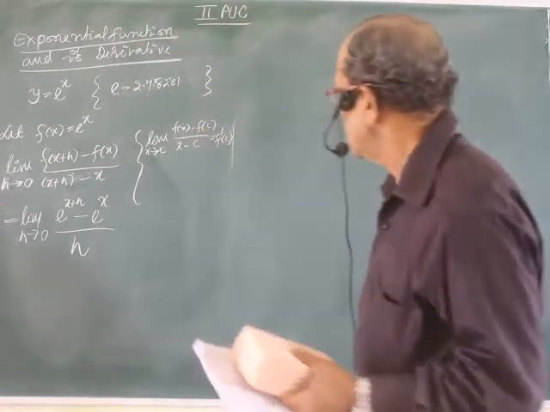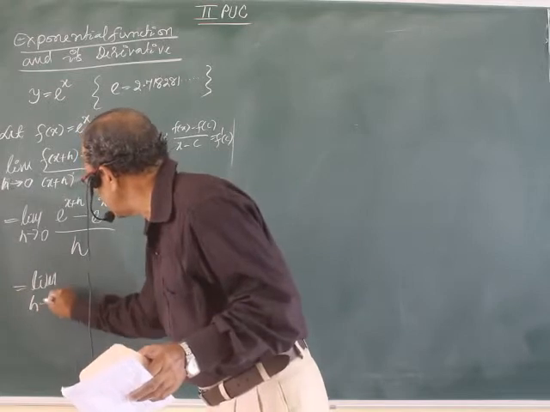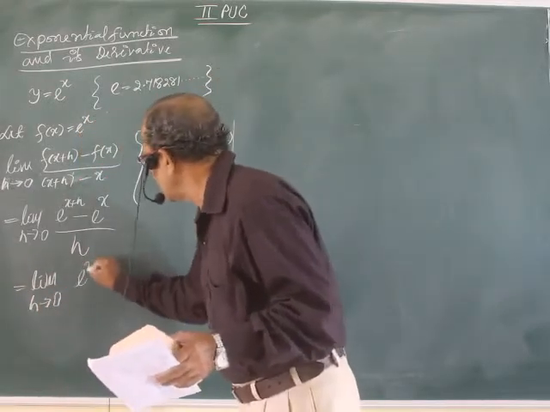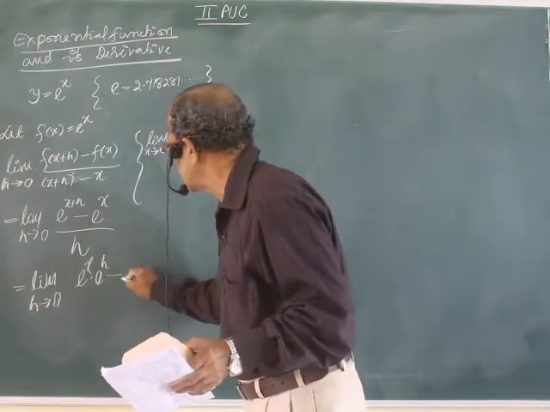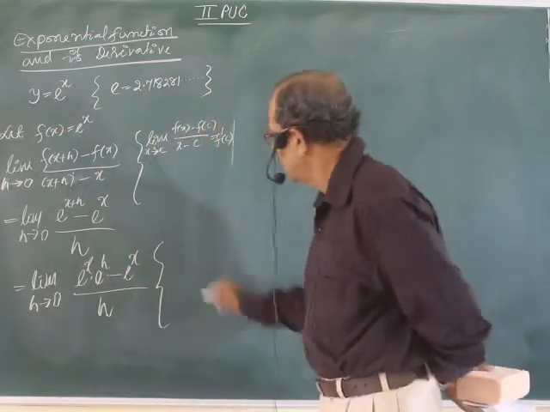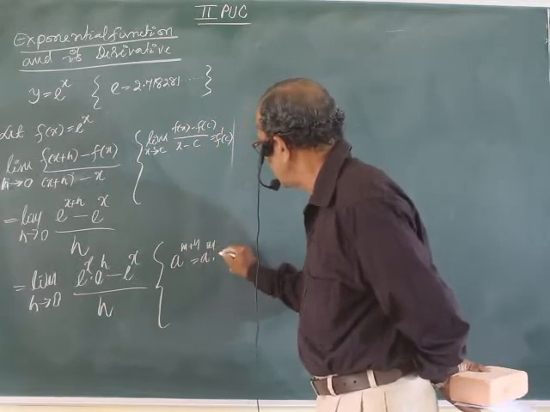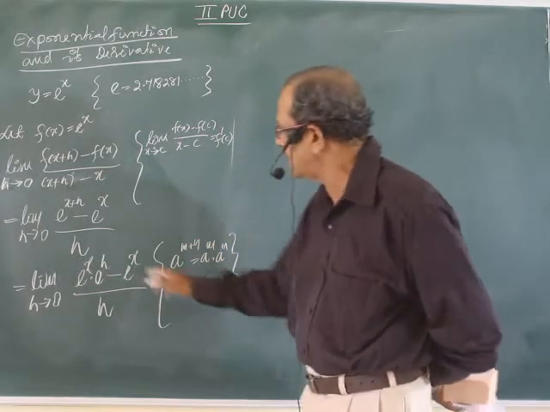So it is equal to limit h tending to 0 of e to the power x into e to the power h minus e to the power x by h. Here a to the power m plus n is a to the power m into a to the power n, that one is used.